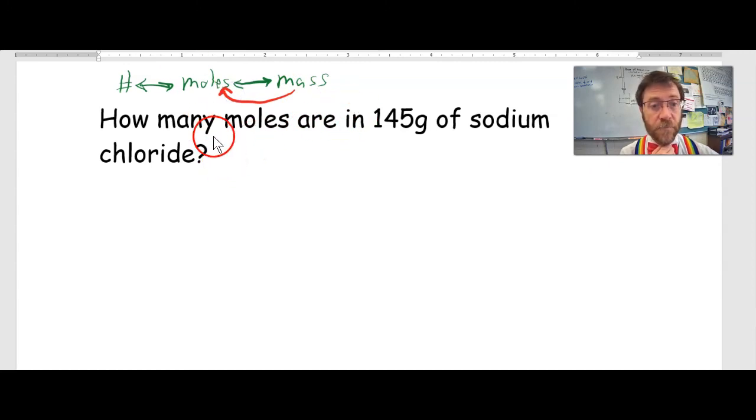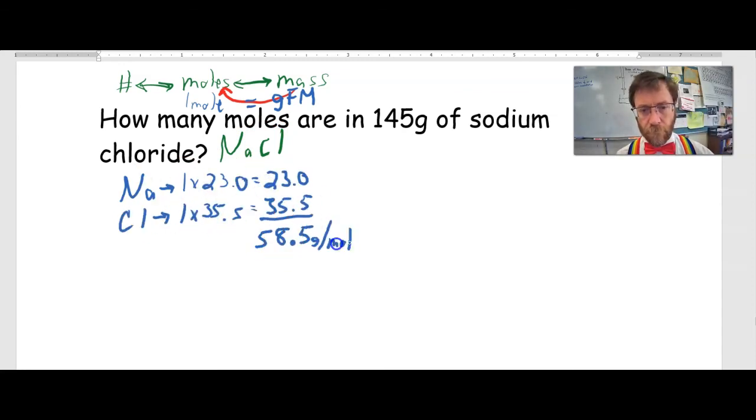We know that that's NaCl, right? And remember, it's up here. Let's do 1 mole is equal to the gram formula mass. Guess what we have to calculate again? Okay, it's actually starting to get a little bit easy for me here.